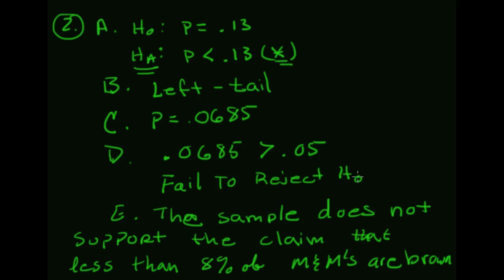So because the null is not the claim, the alternate is, and I fail to reject the null, this means that I do not support the claim here. All right, so there you have it.